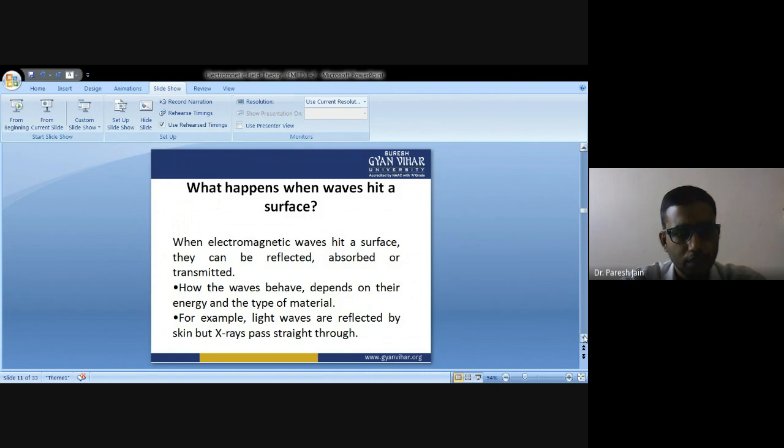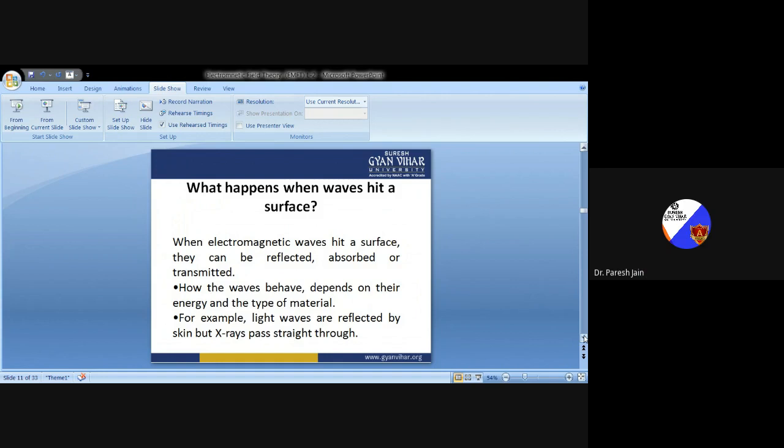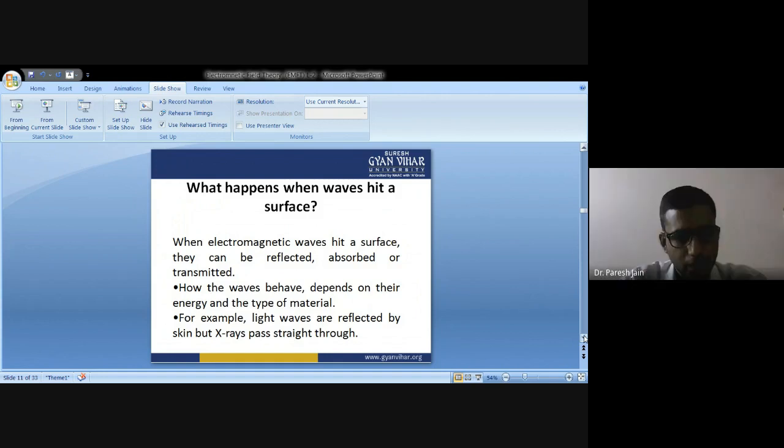First, reflection. How the wave behaves depends on their energy and the type of materials. All three phenomena depend on the types of the waves and material and the energy of the wave. For example, light waves are reflected by skin, but X-rays pass straight through.